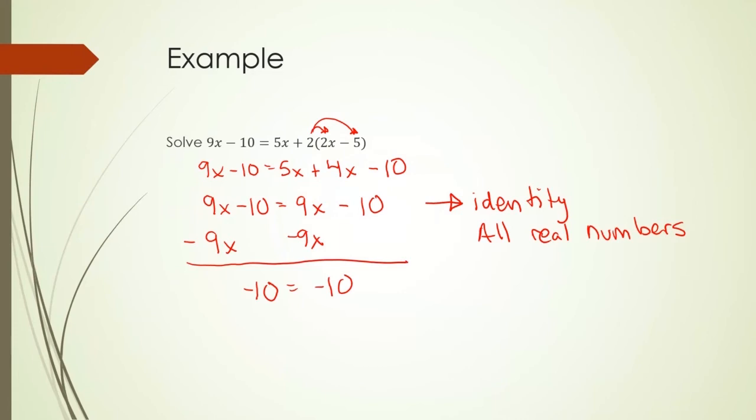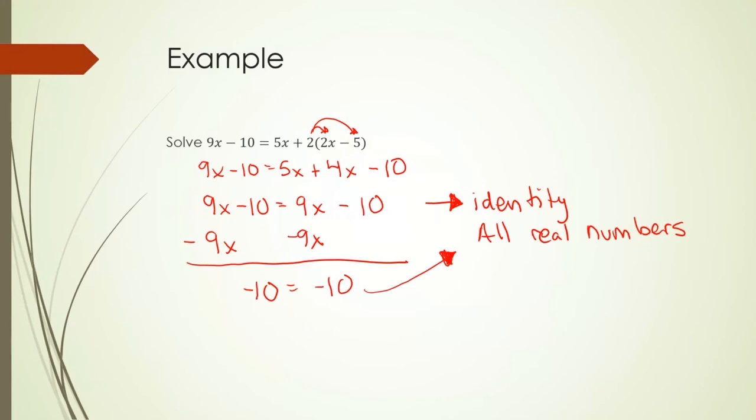Well, if you go to that point, you see, oh, negative 10 equals negative 10. My x has disappeared, and that's something that's true. So that step will also indicate that you have an identity because you have the left side equal to the right side. They are identical there.